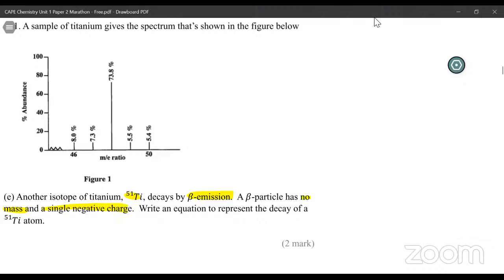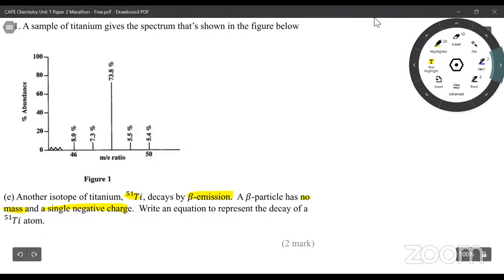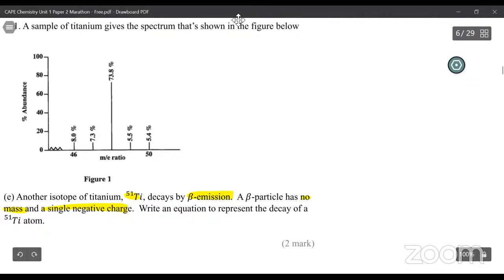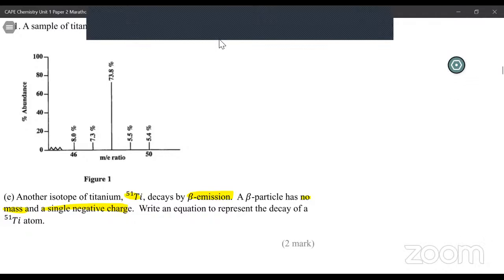I want you to write an equation to represent the decay of the titanium 51 atom. We know that it underwent beta decay. So first of all, write down the atom, titanium 51. Now, all your equations need an arrow, so ensure that you put that.